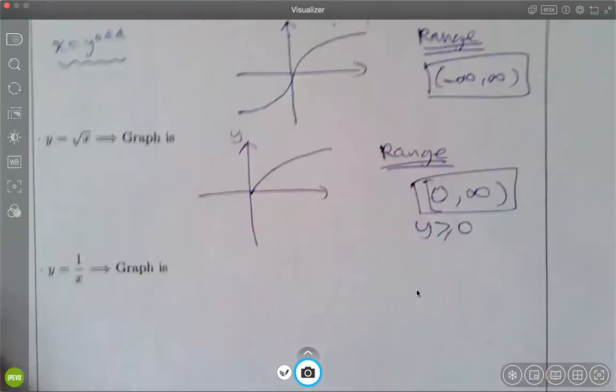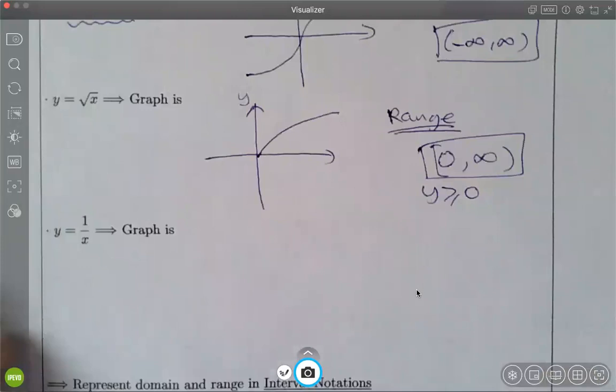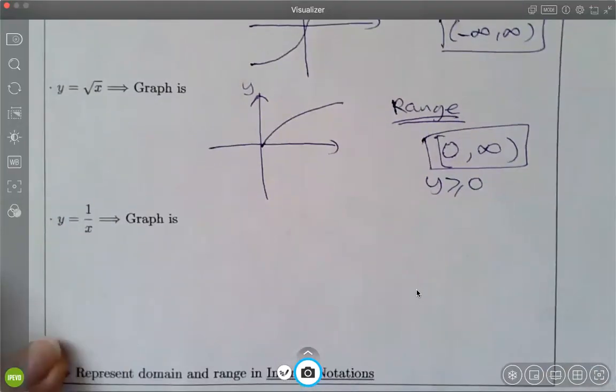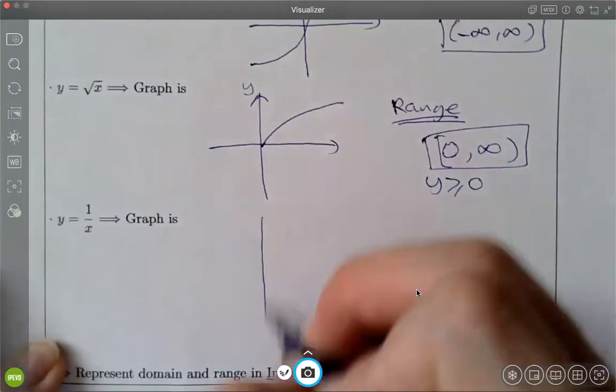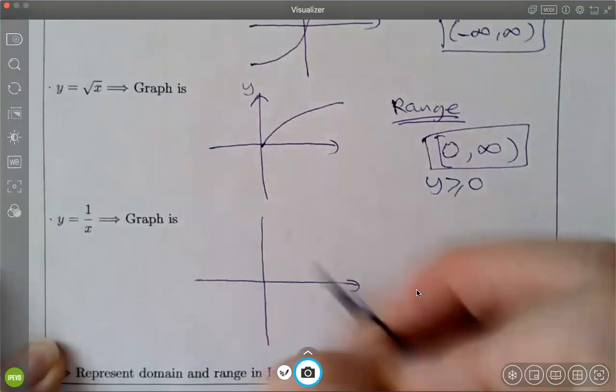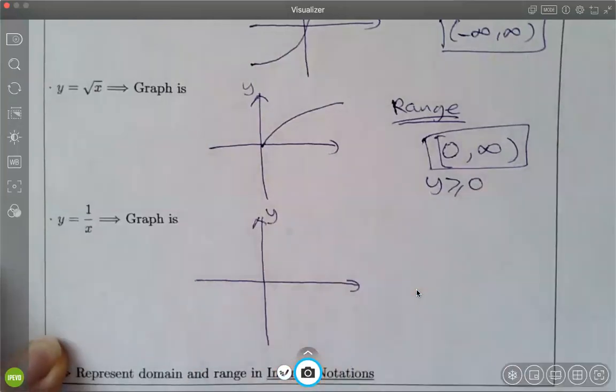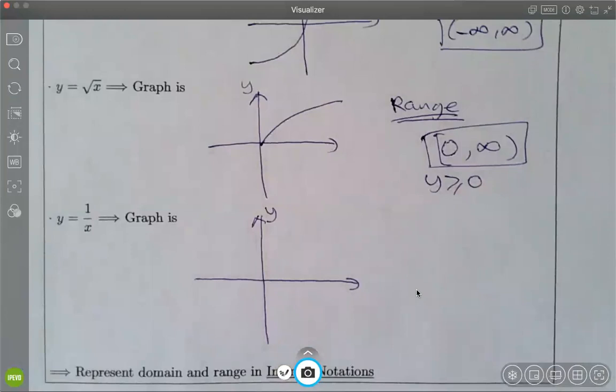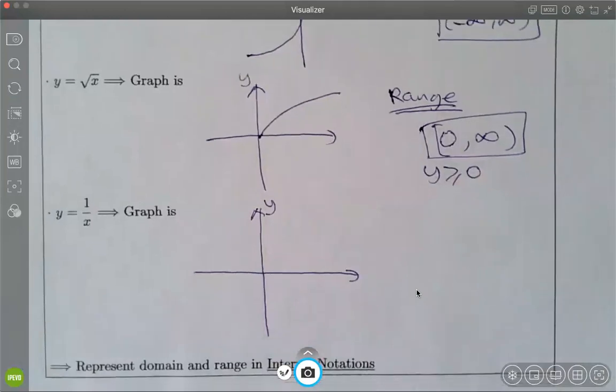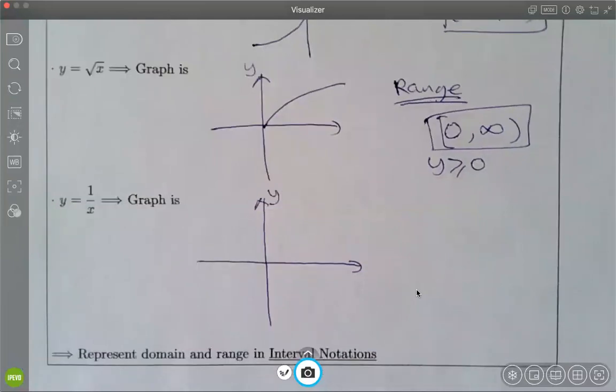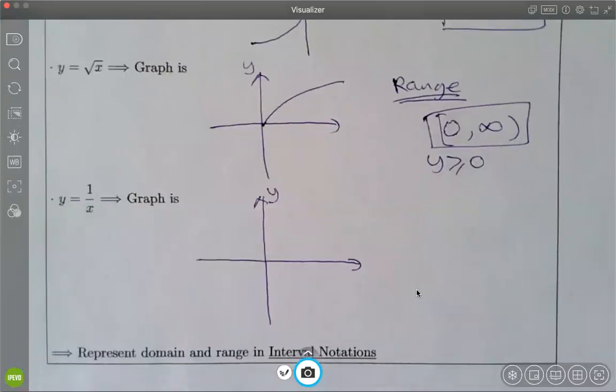Okay, now this is something that we haven't seen before. Y equals 1 over x. Does anyone remember, or has anyone seen its graph? So hint, there are two graphs for this 1 over x.